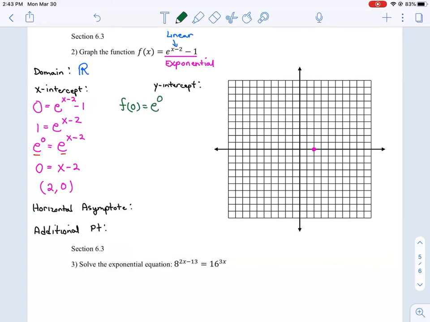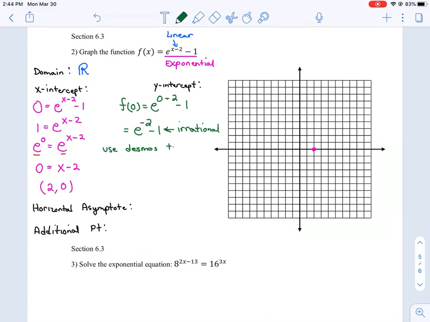The y-intercept is the coordinate where x is equal to 0. And this is e raised to the negative 2 power minus 1, which is an irrational number.